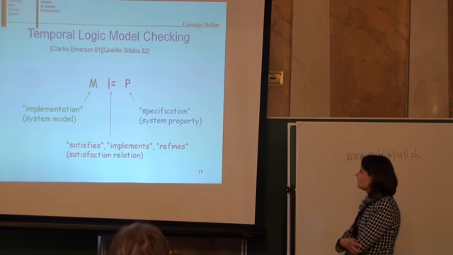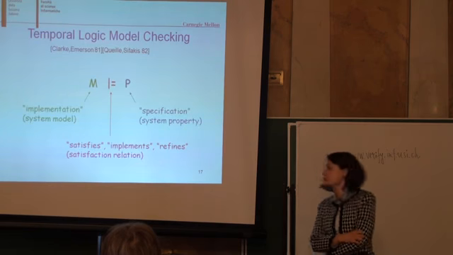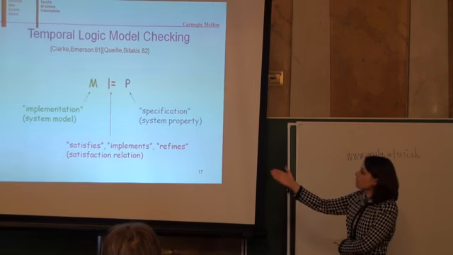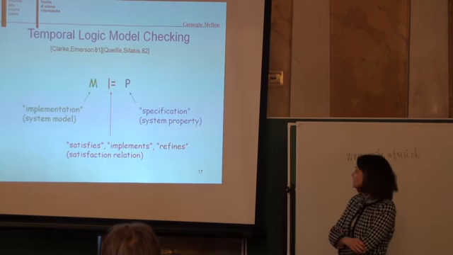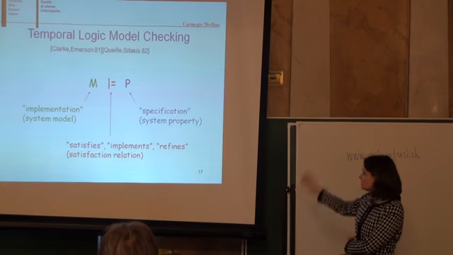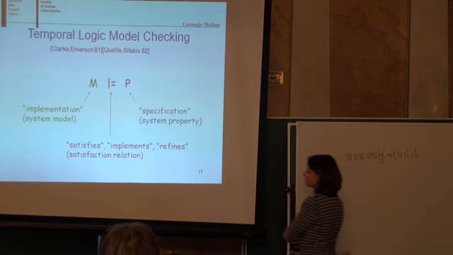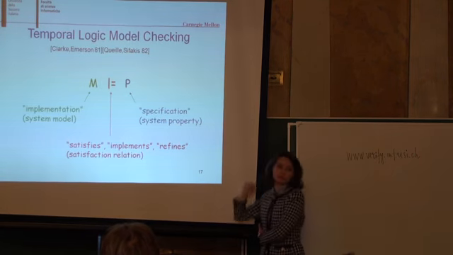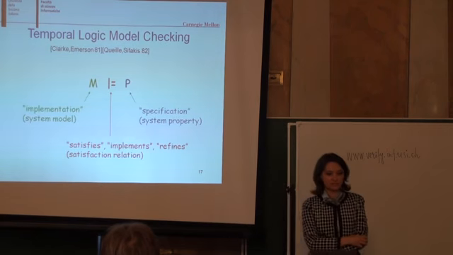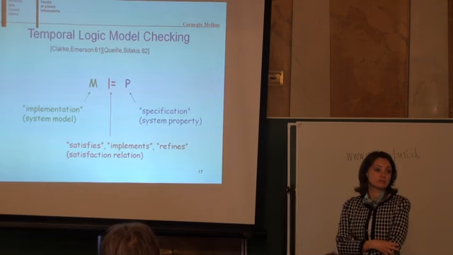And the idea, in a nutshell, is represented by this simple formula. If you have a system model, sometimes called implementation, and you have a system property or specification, you simply show a satisfaction relation between the model and the system property. And you do it in a fully automated and fully mathematical manner.